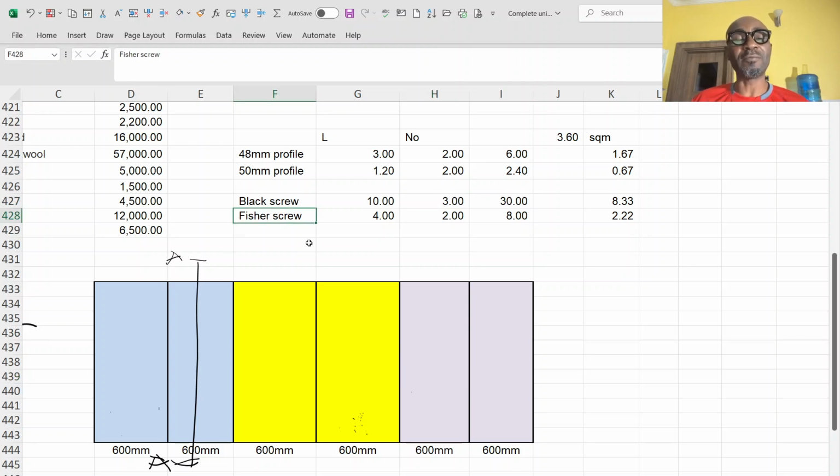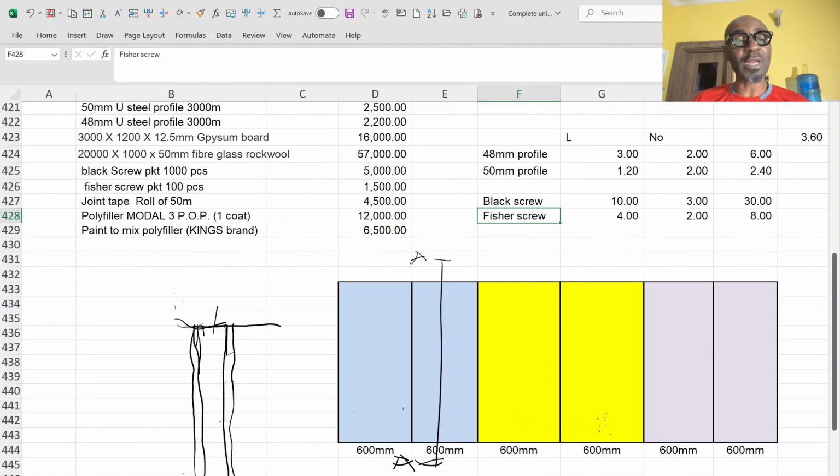Then the top profile, which is the Fisher screw, the one I illustrated that I'm going to screw into the concrete. If I go at 30 centers, I'm going to have 4 pieces. And I'm going to put at 2 locations, this side and this other side.